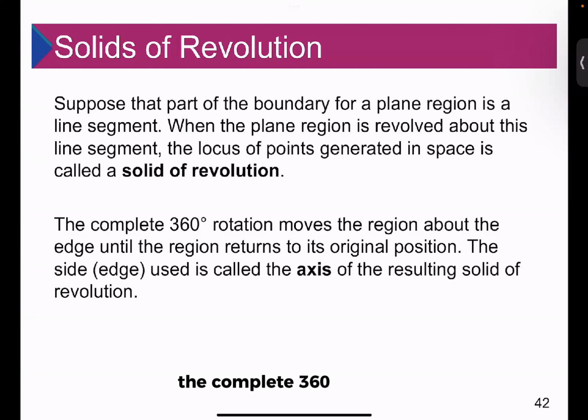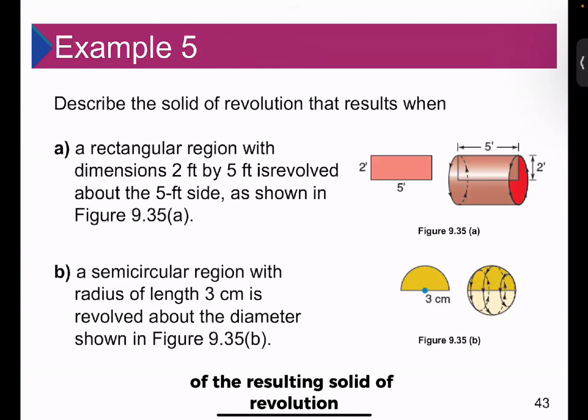The complete 360-degree rotation moves the region about the edge until the region returns to its original position. The side or the edge used is called the axis of the resulting solid of revolution.